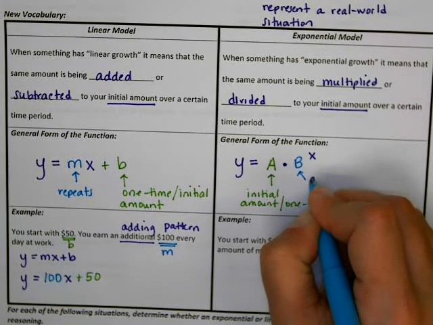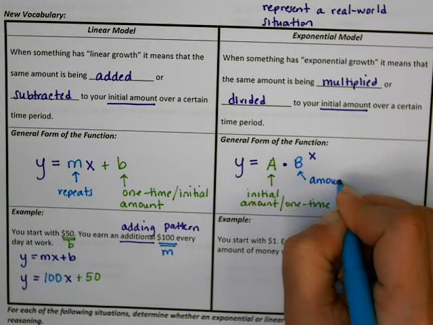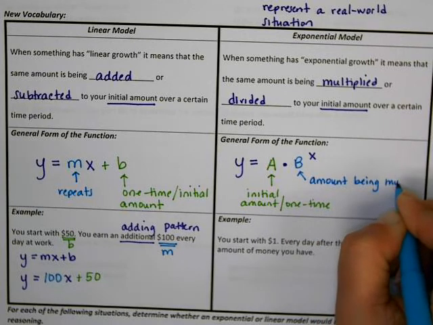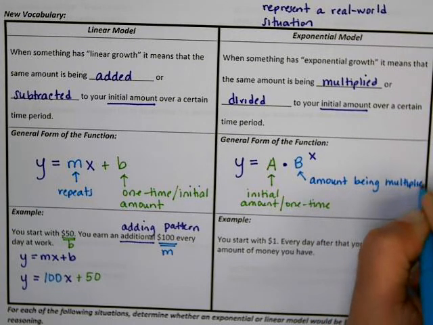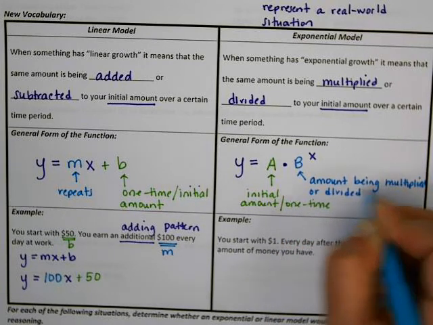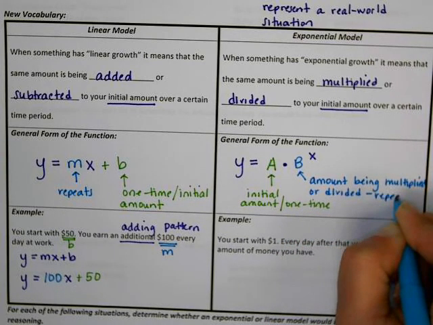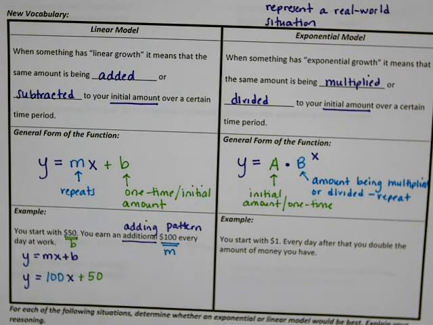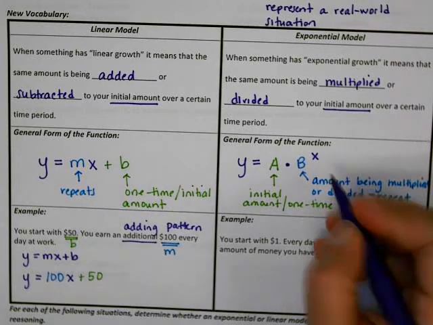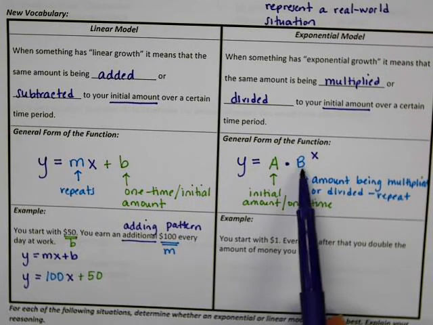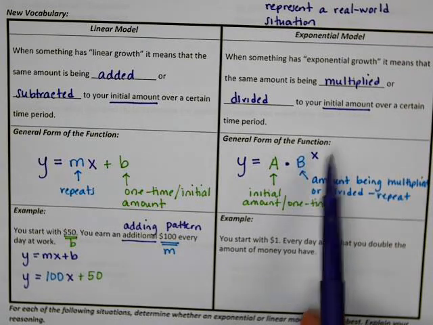So this is the amount being multiplied or divided. And this is going to repeat over and over again, just like our slope here repeats over and over again. And in this problem, the x is actually the exponent. So it's not multiplied by the b, it's actually being raised to that power.